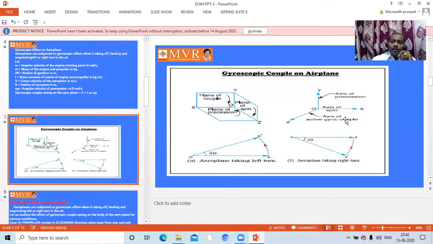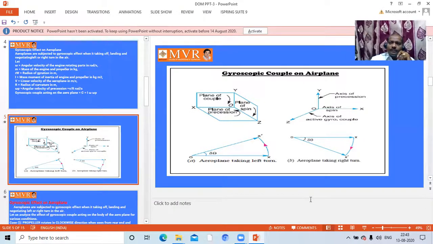So on what factors will it depend? It depends upon how the motor is rotating, or we can say how the propeller is rotating. The propeller can be rotated in two directions. One is the clockwise direction, and the second one is the anti-clockwise direction.